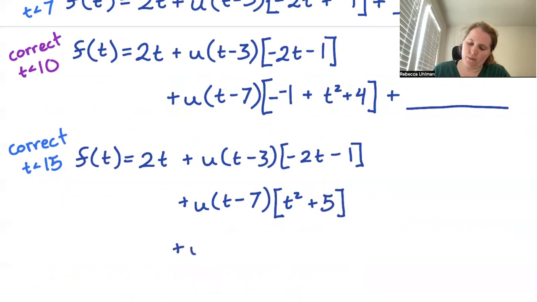Then we would need a u of t minus 10. Right? We're making the correction at t equals 10.